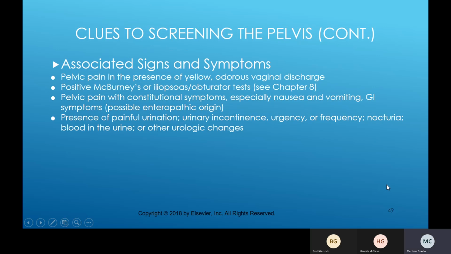If I see any abnormal discharge, or ask my patient, is there abnormal discharge? And they give me a sign or symptom of, you know what, yeah, there is something that smells infected or looks infected. Chances are it's infected, right?